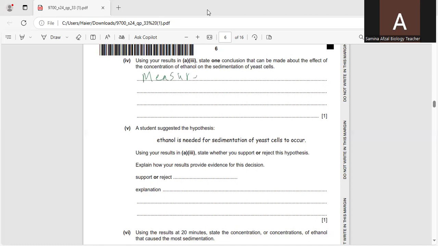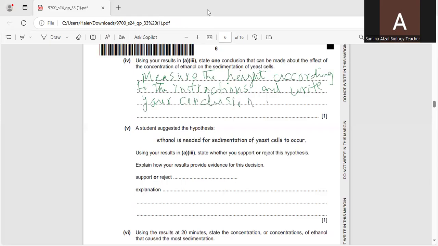measure the height according to the instructions, and write your conclusion about the concentration of ethanol on the sedimentation of yeast cell.